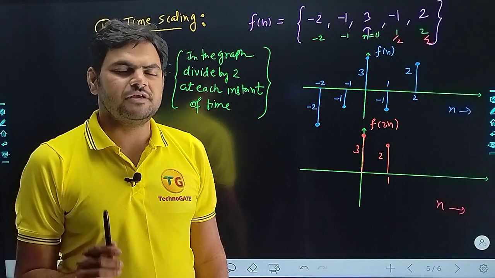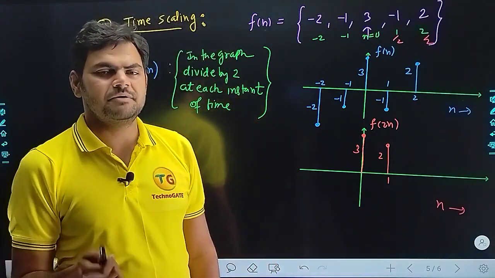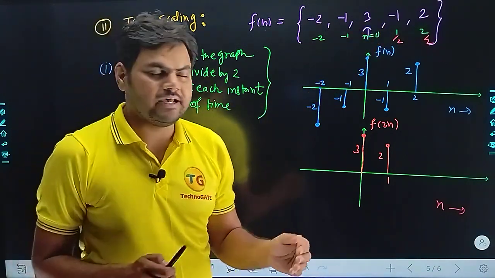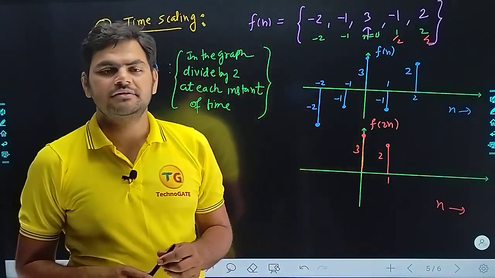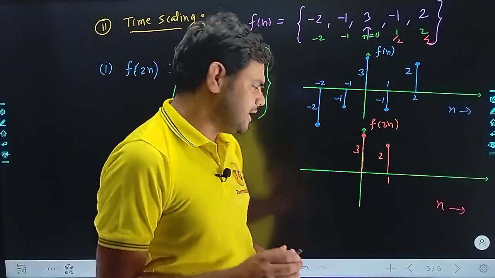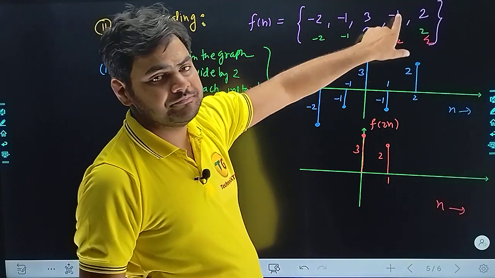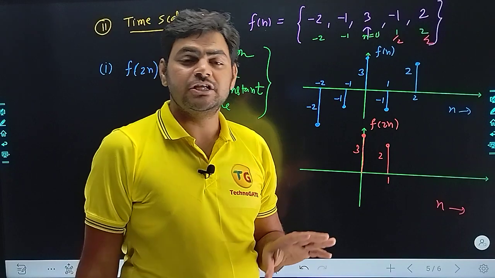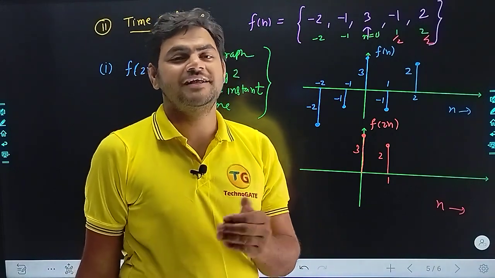Listen very carefully, it's a very important concept and very useful for further analysis. Once we convert the scale of f of n into the 2 times scaled factor, that means we have taken a scaling factor greater than 1. The sample which was present at n equal to 1 gets a non-integer position, and you know that a non-integer position is not defined here.